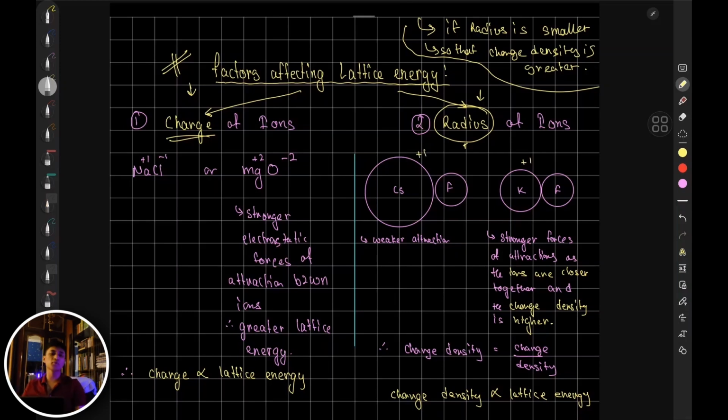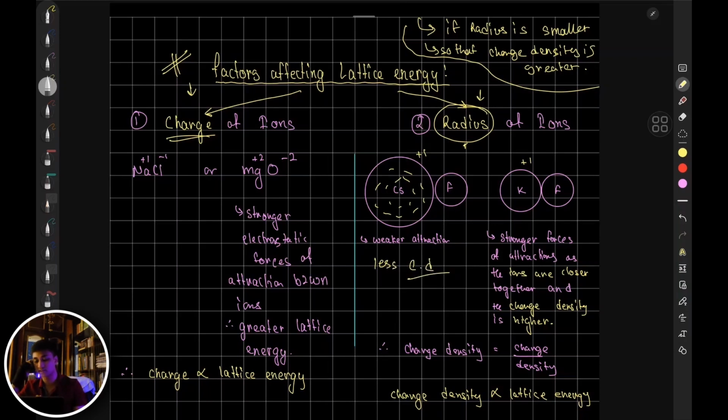But the good thing with potassium is there is a smaller area for that +1 charge to be distributed in. Whereas compared to cesium, the +1 charge is spread out across a larger area. Therefore, the charge density is going to be less.